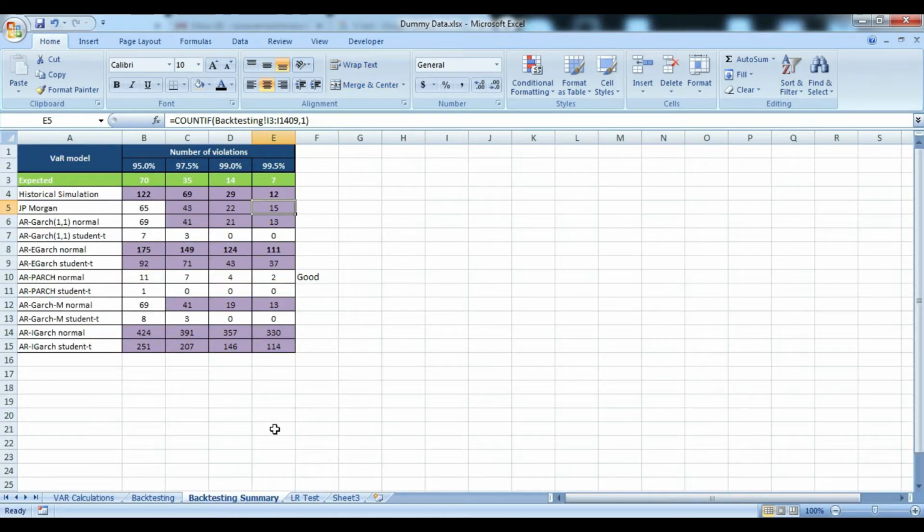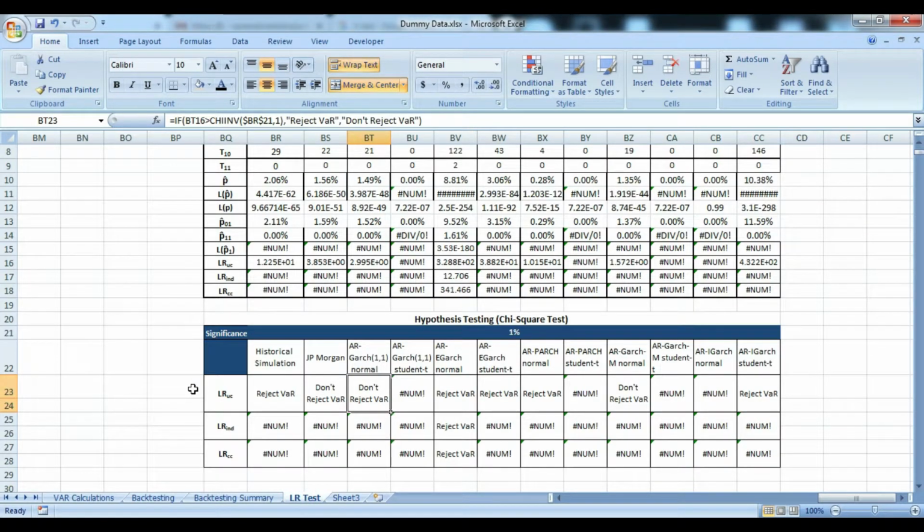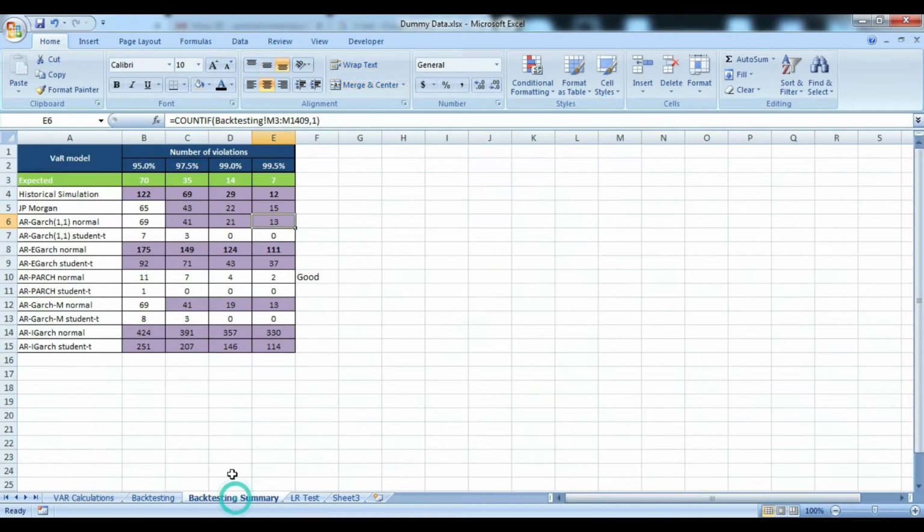Let's see, GARCH11 normal 99% also got rejected, and MGARCH it is also saying don't reject VaR. So if you see MGARCH at 99%, this also has been rejected through backtesting.